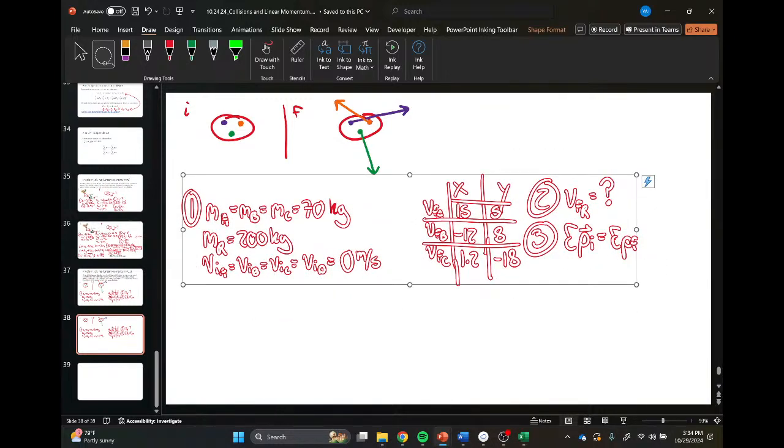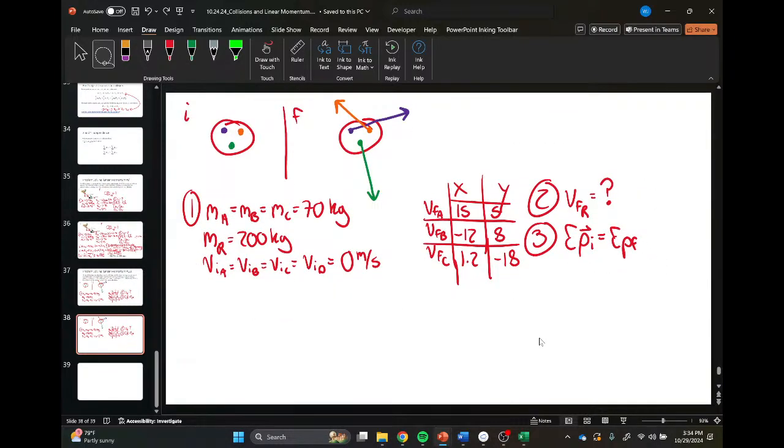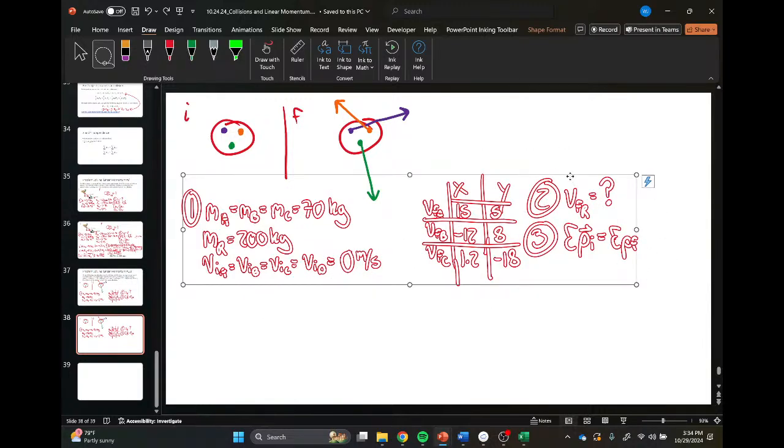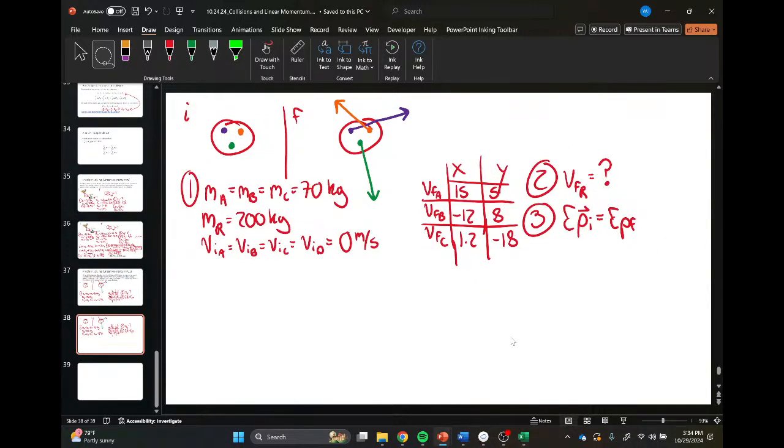It's a real squished rock. All right, 3 continued.